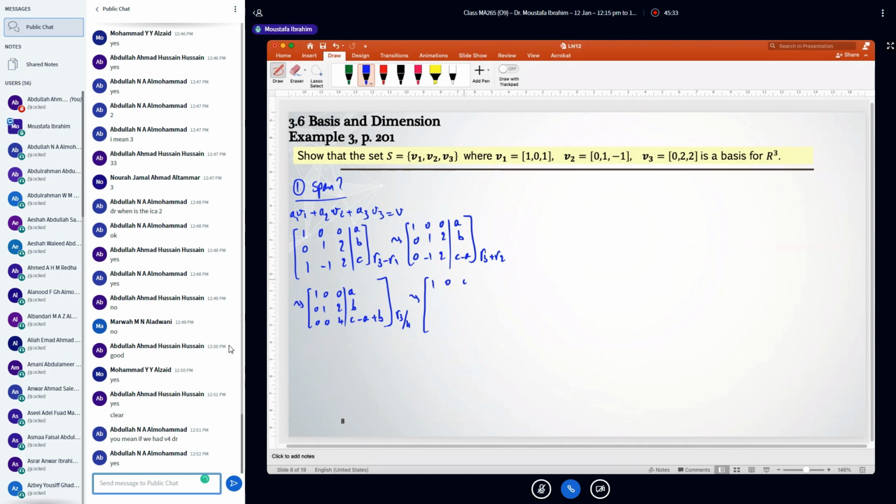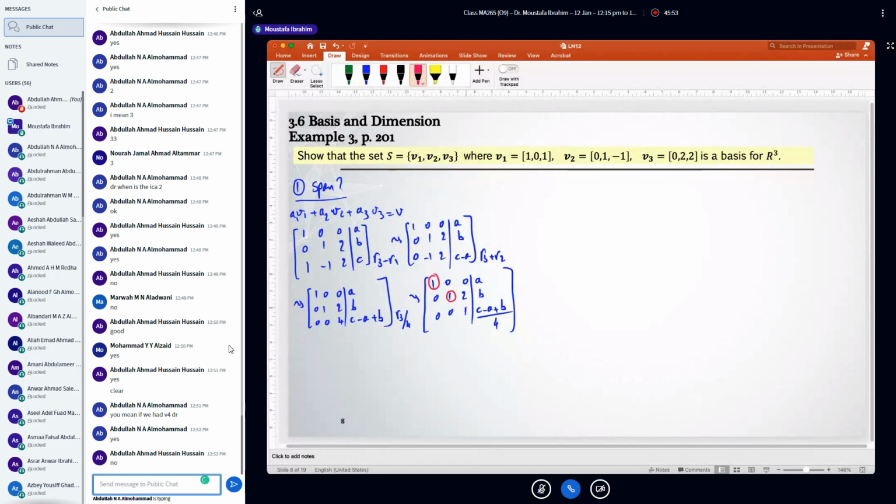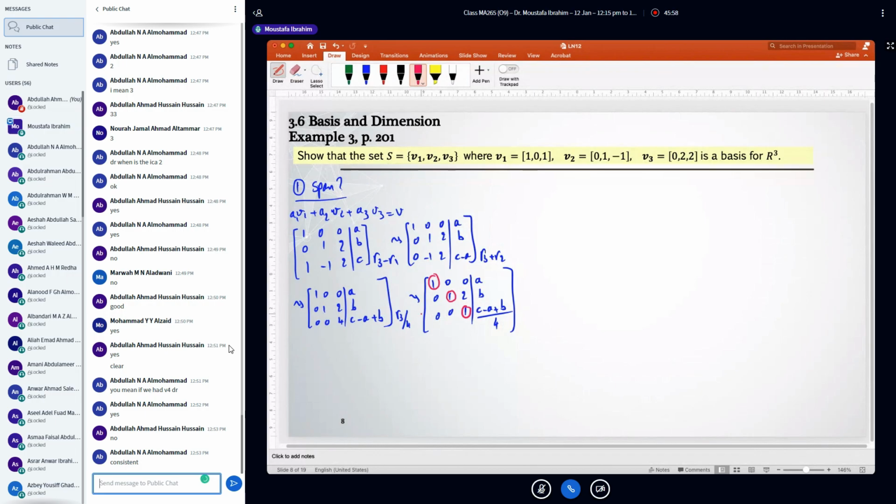So 1, 0, 0, A, 0, 1, 2, B, 0, 0, 1, C minus A plus B over 4. Isn't it? Do we have a 0 equal to a number? I have all with leading ones. I don't have any inconsistency, so the system is consistent. How many solutions here? It's unique.